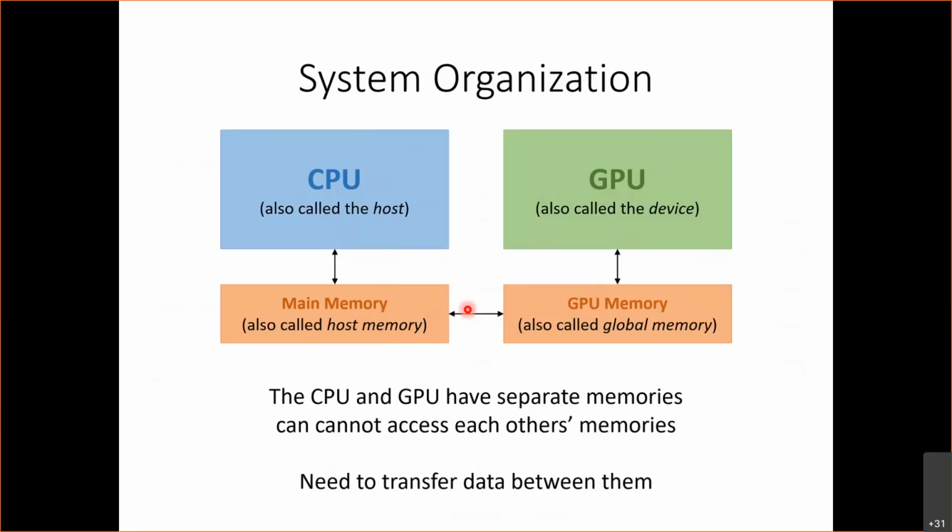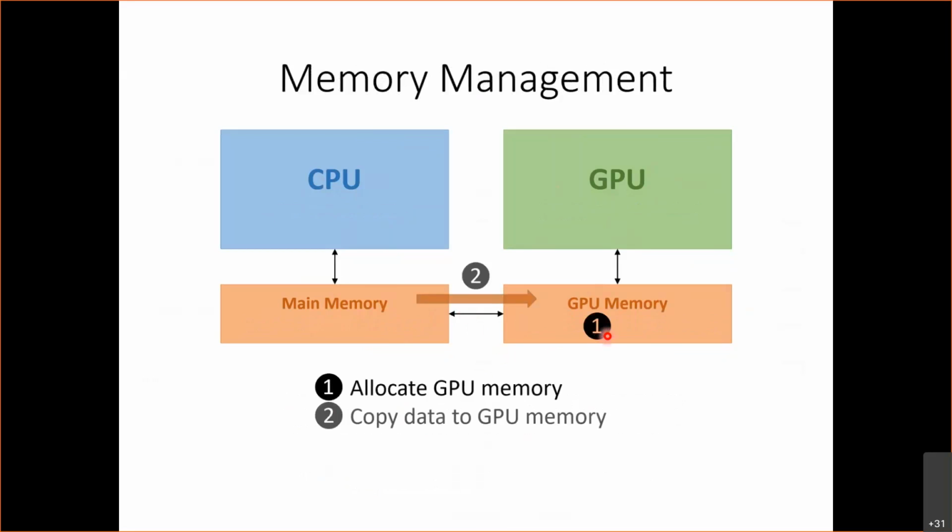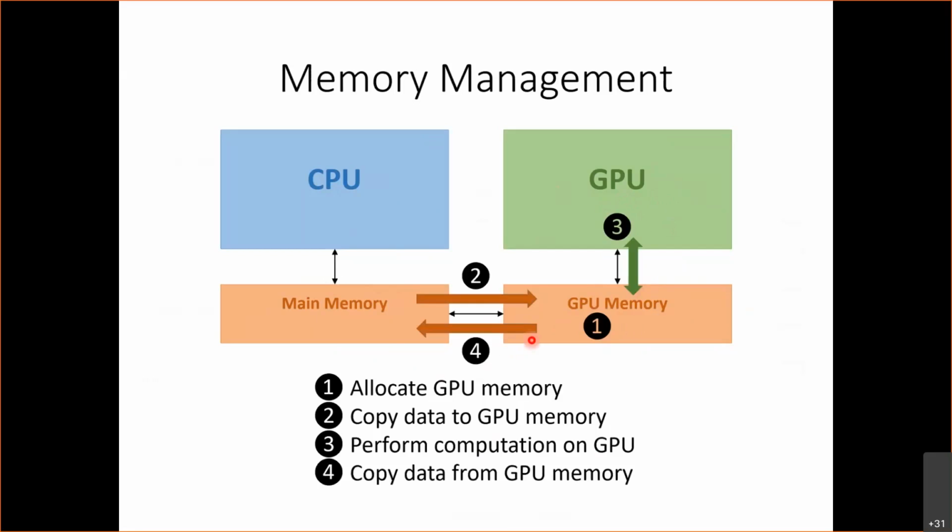The typical sequence of offloading some computation from the CPU to the GPU is: 1, allocate memory on the GPU; 2, copy the data from the main memory of the CPU to the GPU; 3, perform the computation on the GPU, and obviously to perform the computation, the GPU is going to have to access its memory to get the data; 4, copy the data from the GPU memory back to the main memory; and 5, deallocate memory from the GPU.